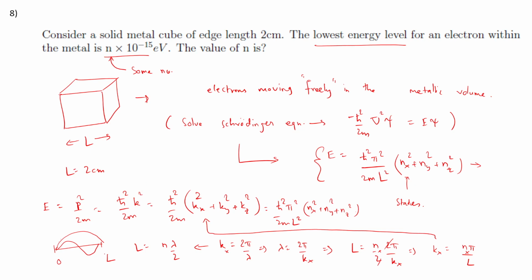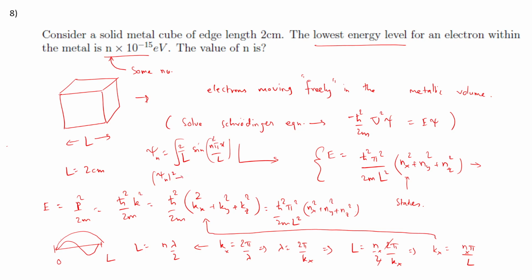n has to be at least 1, because n cannot be 0 for any of these. If along x or y or z, n equal to 0, that means there is no electron. Because if you solve the Schrodinger equation, the state is given as root of 2 over L sine n pi x over L, and it is the psi mod square which gives you the probability density of the electrons.